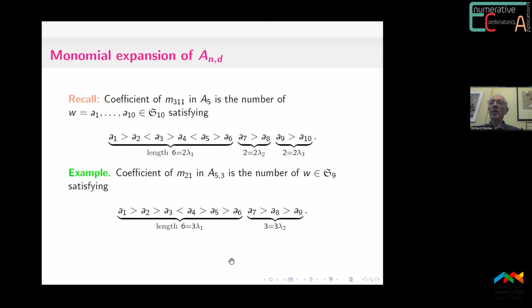And we just want to count the number of such permutations. Completely analogous to the case d equals 2. There's also a nice Schur function expansion, where the coefficients are the number of standard Young tableaux of a certain skew shape. I won't give the exact result here, but it is completely analogous again.